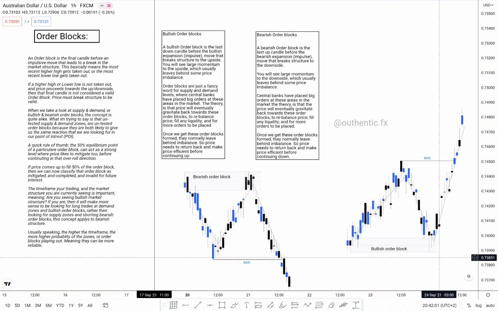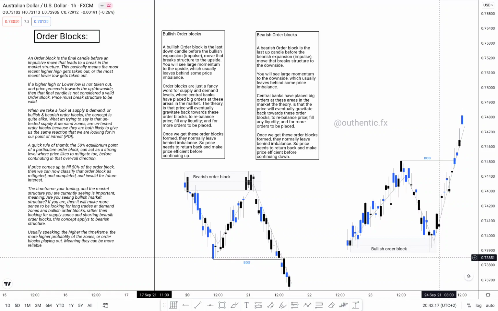This is when you will see large momentum to the upside, which will usually leave behind some price imbalance, right? I will show you an example in the live chart in a few. Order blocks are just fancy ways of saying supply and demand levels, guys.